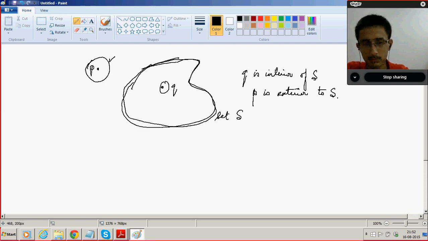So the boundary does agree with the intuitive notion of boundary in most cases. Now see, but need not be so.